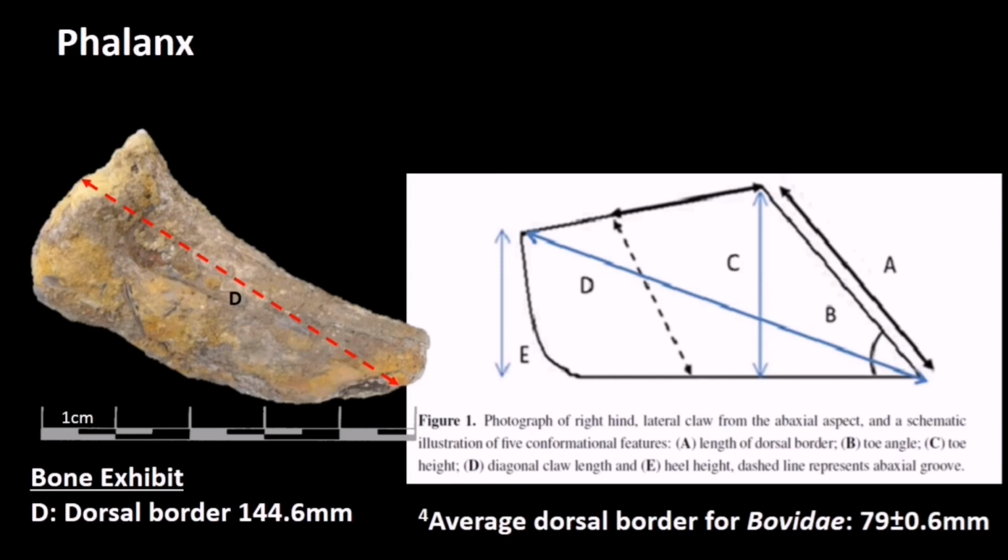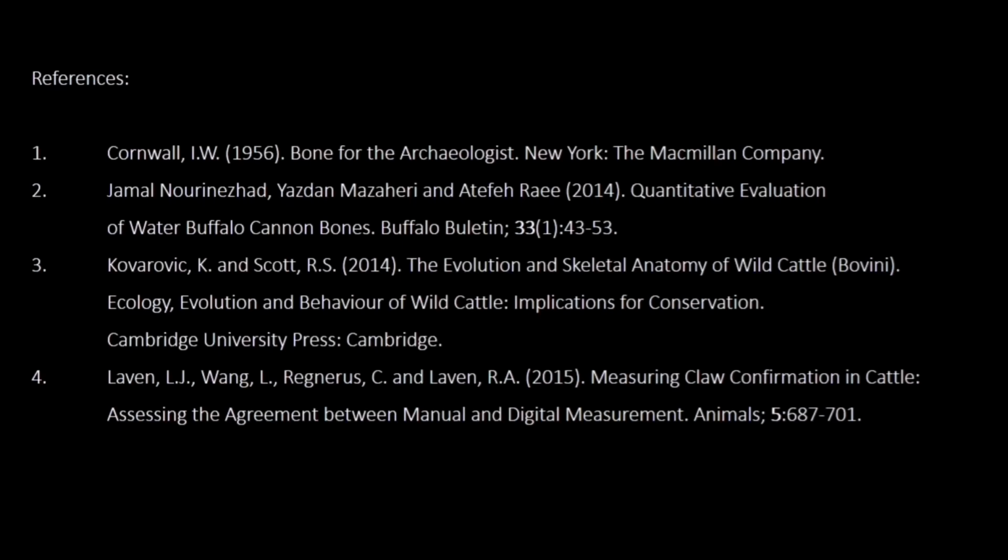And from the humerus, it shows it is a left humerus. So I bet that the metacarpal is also the left metacarpal, and the hoof would probably be the hoof of the left limb. These are the references that I've referred to. So take your time to read.